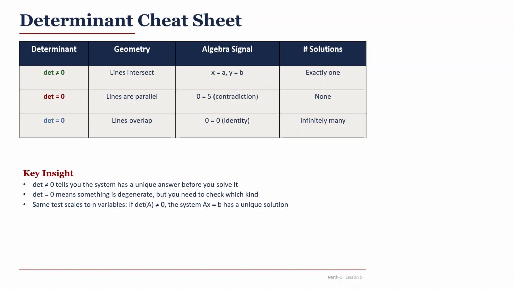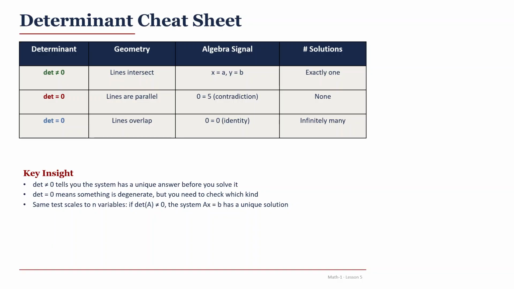Here is a summary table connecting the determinant to everything we have covered. When the determinant is not 0, the lines intersect at exactly one point. The algebraic result is a unique ordered pair like x equals 2, y equals 1. The matrix is invertible, meaning you can solve the system using the inverse. When the determinant equals 0 and the system is inconsistent, the lines are parallel.